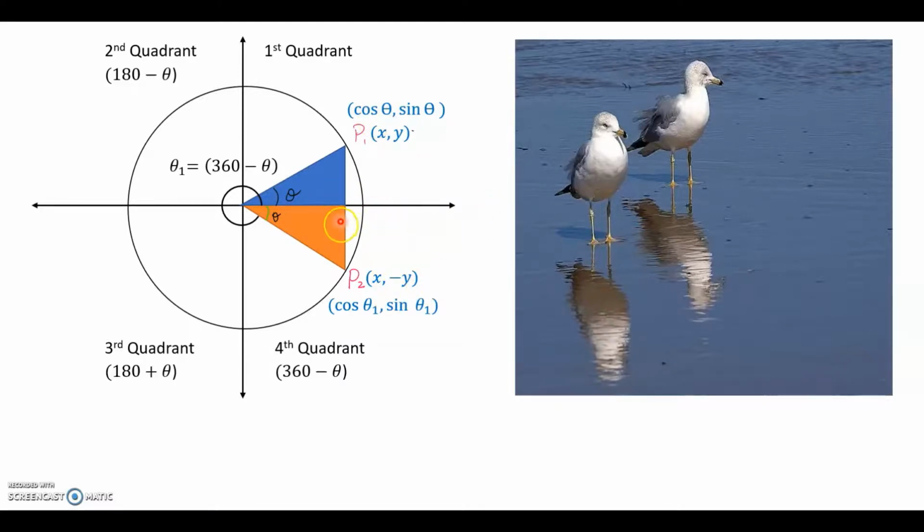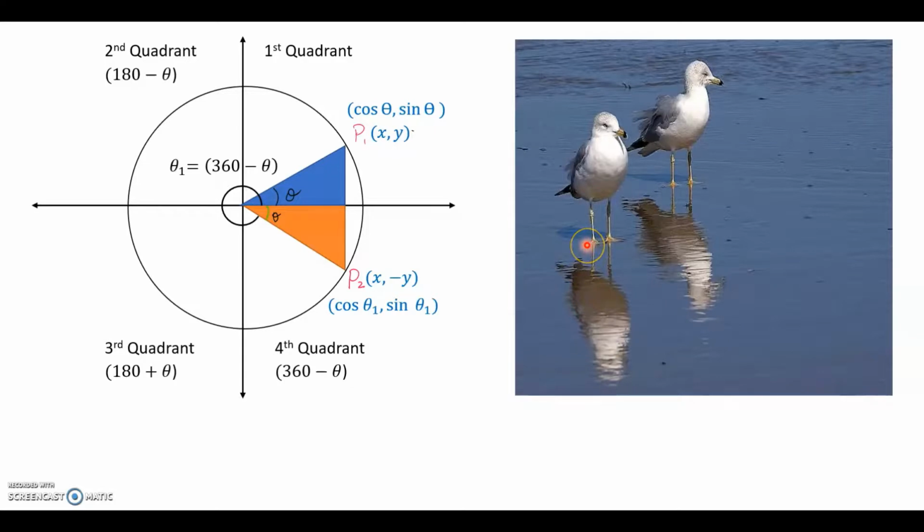This mirror image can be illustrated through a reflection on the water. When you have a bird sitting on the waterbed and we see its reflection on the water, this image is very similar to such a reflection.